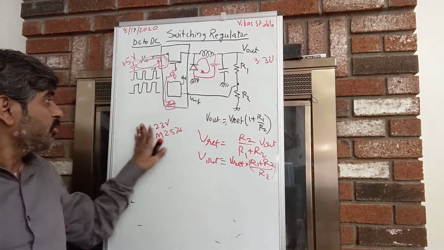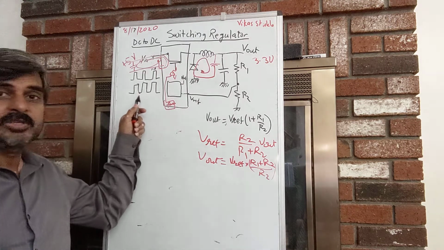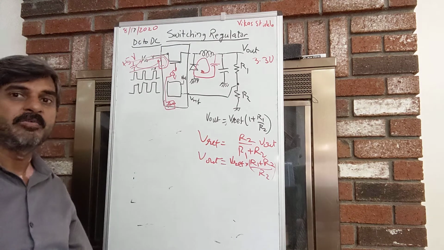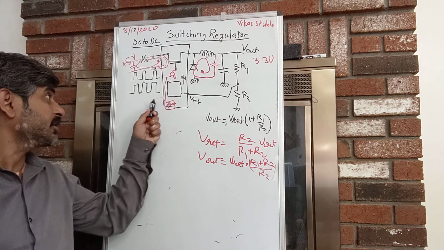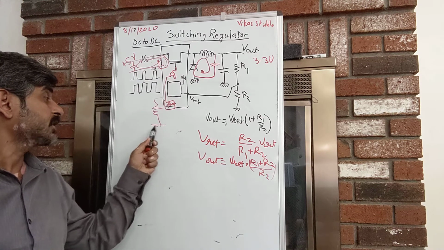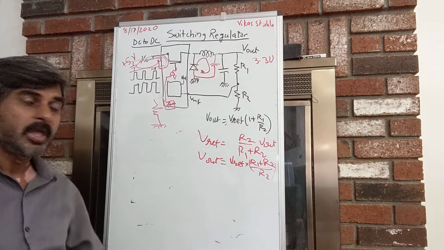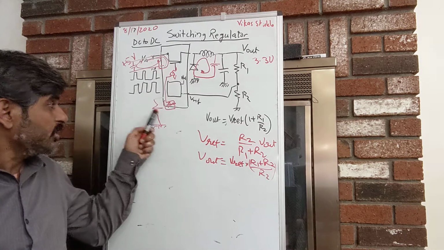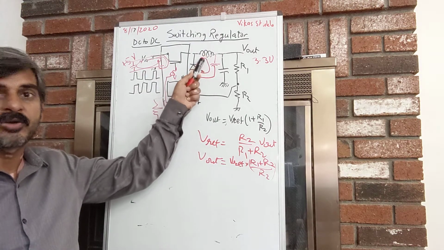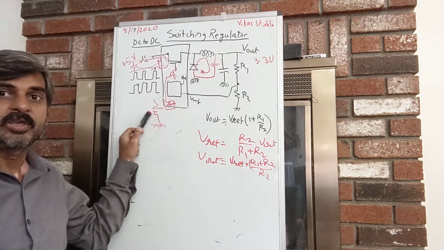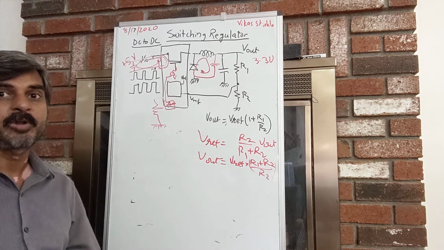Besides all these things, there's one more factor you need to consider, which is the frequency of this PWM. It may be fixed, for example in the LM2576, or you may have an external resistor that could set the switching frequency of this regulator. Now, the frequency of this switching regulator decides how big this inductor could be. If the switching frequency is very high, you will need a smaller inductor size, which is what we will prefer.